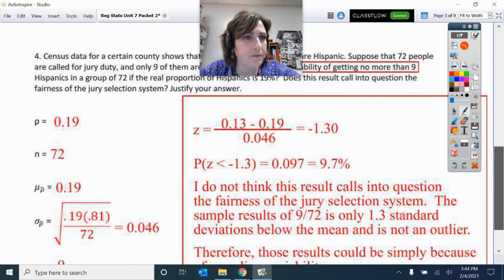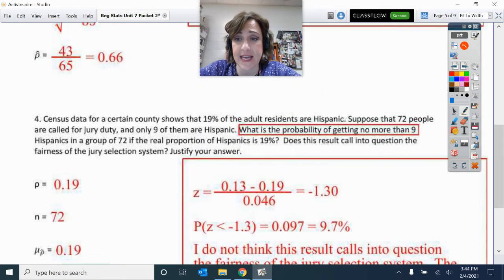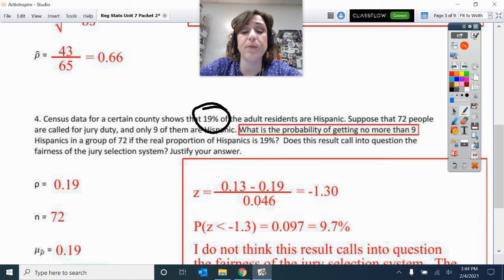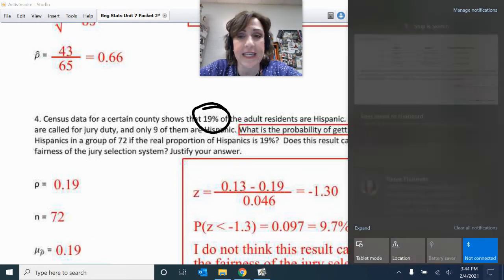Okay, here we go. So this is saying that according to census data, this is the proportion of adult residents who are Hispanic in that certain county. Okay, so that's 0.19.